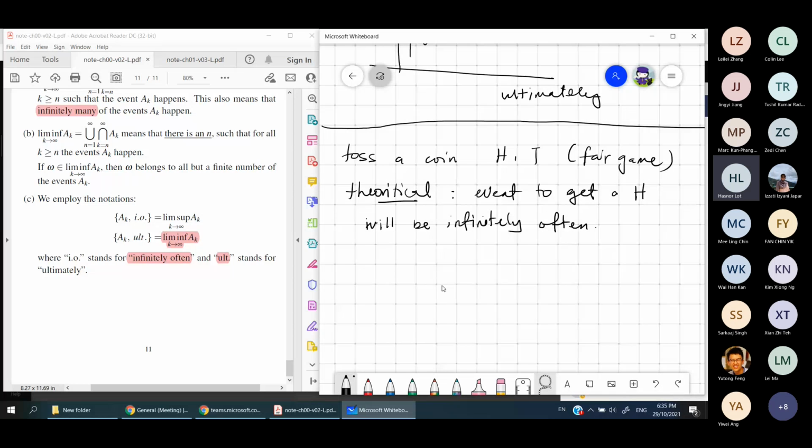I think this is a good example. You toss a coin. What is the probability of getting a head and what is the probability of getting a tail?